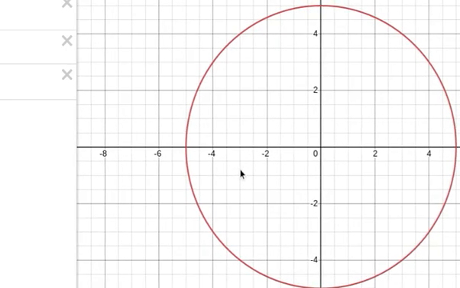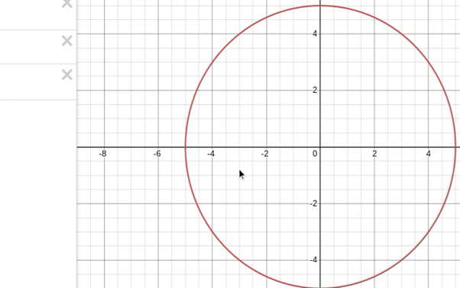So this is the first example. Do you think that it is a function? I'm going to give you 20 seconds.